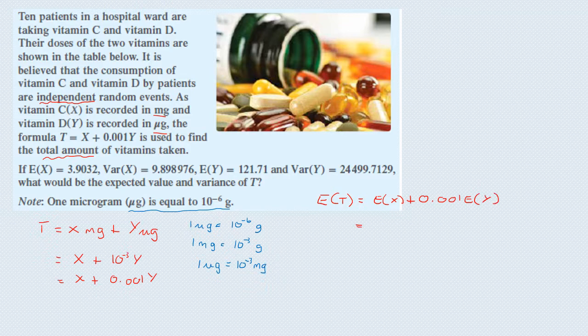So we will have E of X, 3.9032, plus 0.001 times E of Y, which is 121.71. Notice that if we hadn't multiplied by 0.001, it wouldn't make sense to do this multiplication and addition. We'd be trying to add two values of different units.